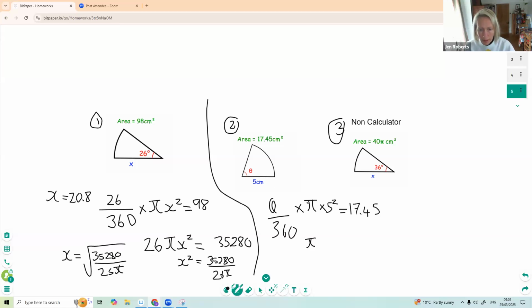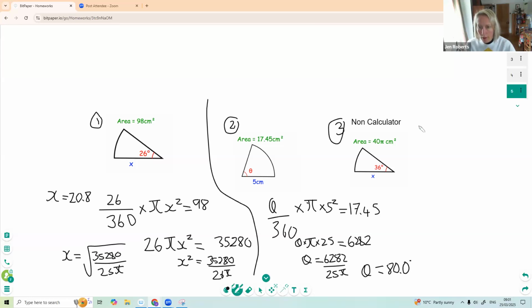Theta times pi times 25, because 5 squared is 25, equals 6,282. Let's divide both sides by 25 pi. So theta is, let's just work that out, 79.9849 rounds to 80.0 degrees.